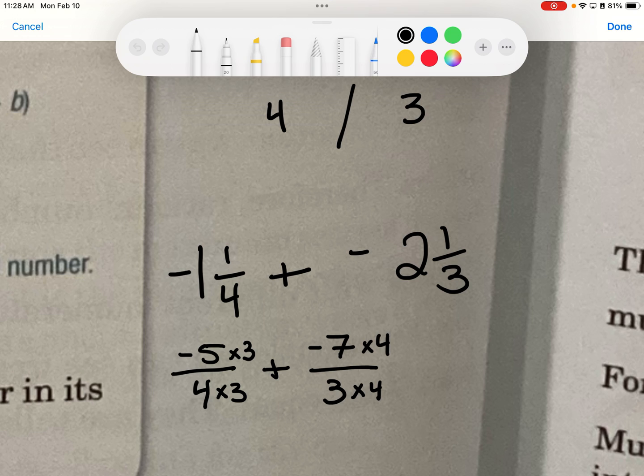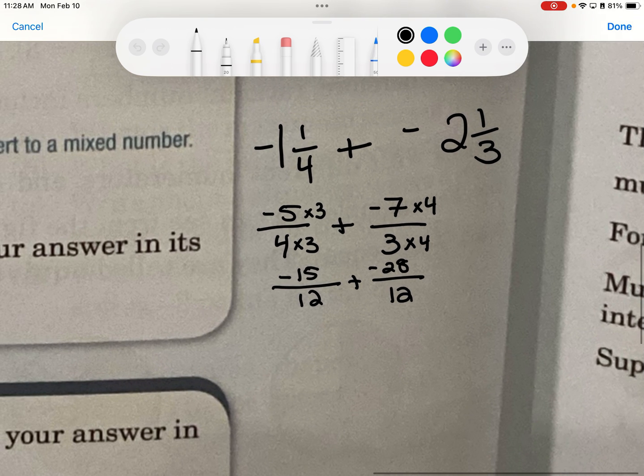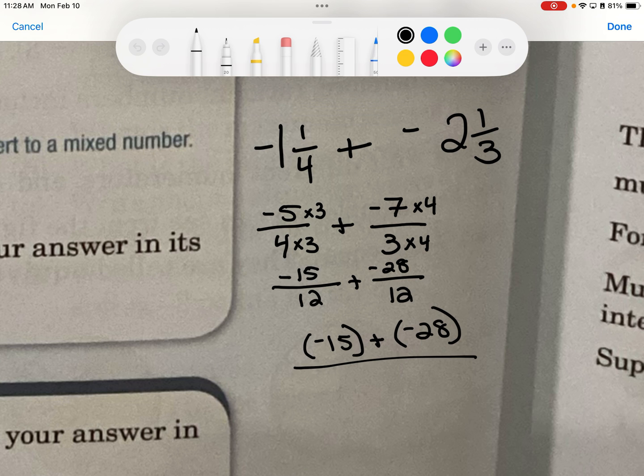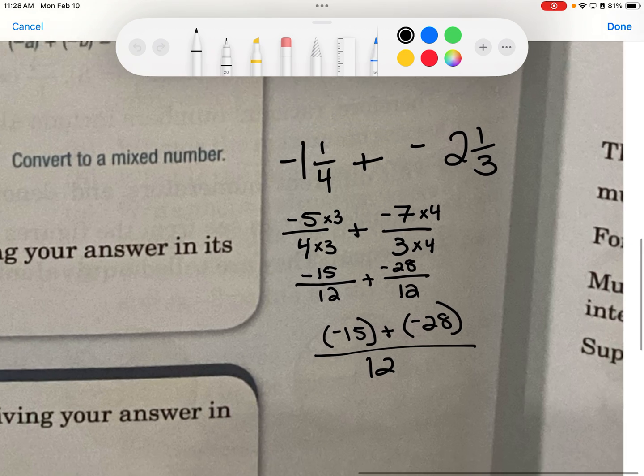So we end up with negative 15 over 12 plus negative 28 over 12. So then we can write it out like this: negative 15 plus negative 28 over 12. So then we have what, Micah?